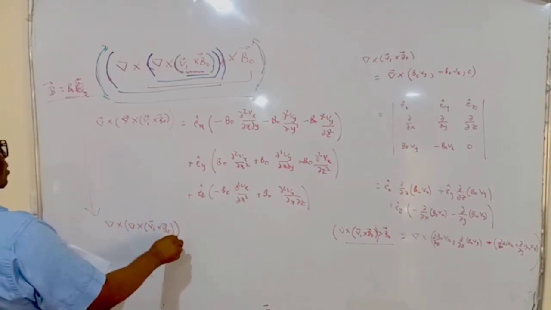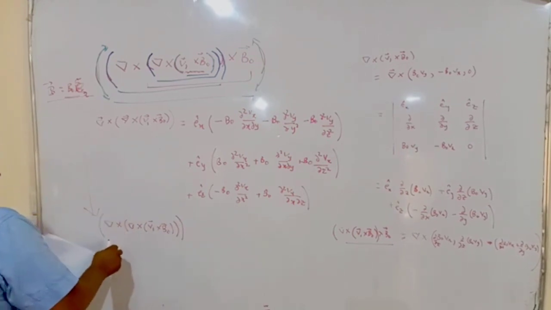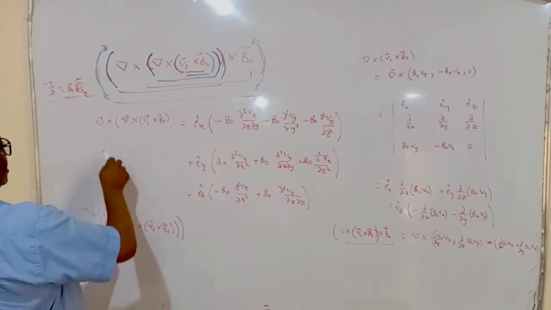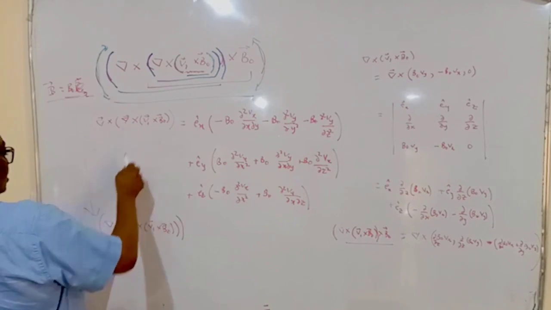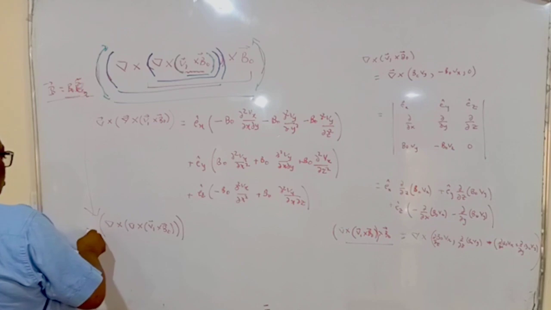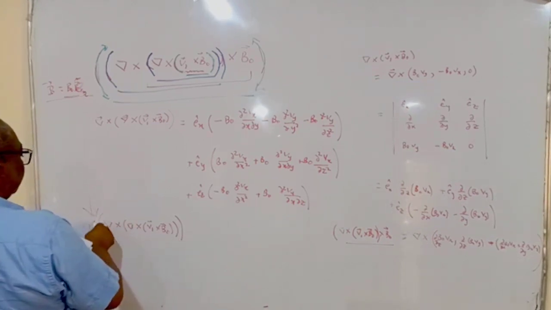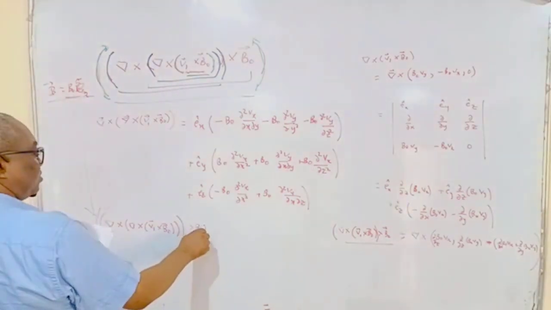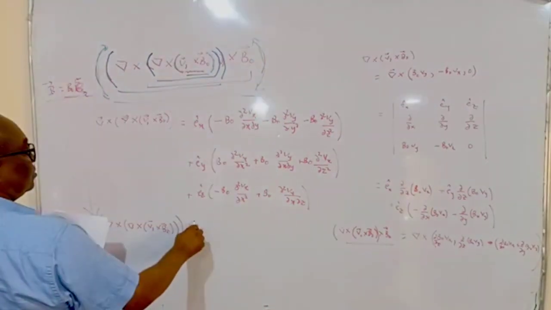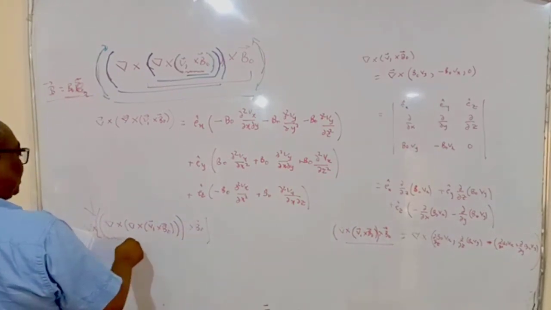I will cross it. I will cross it. That is, I have this curl of whatever cross B0. So we will take this.